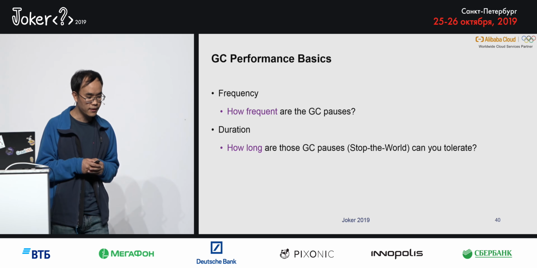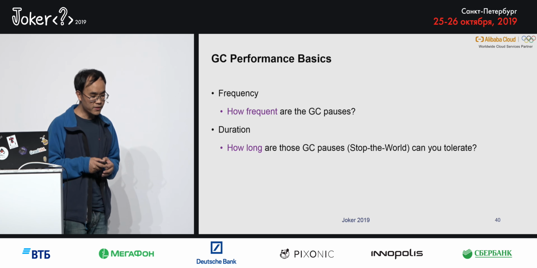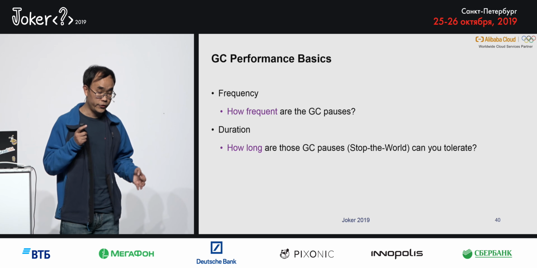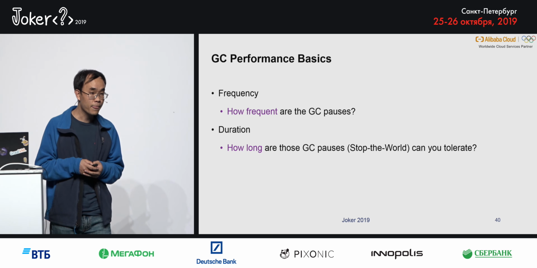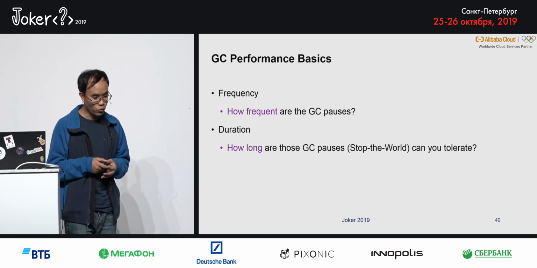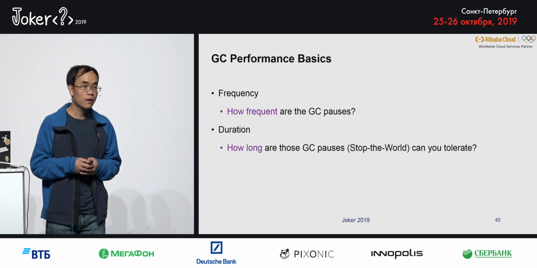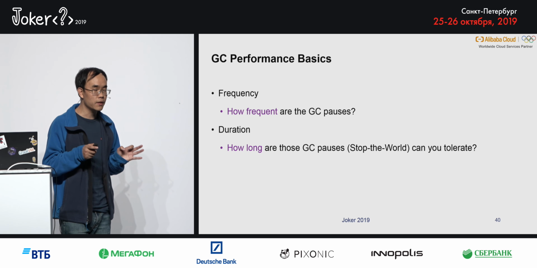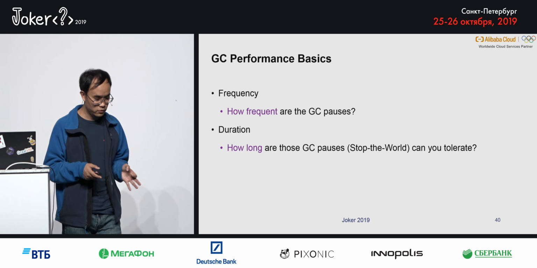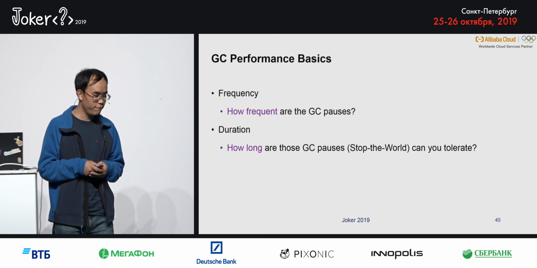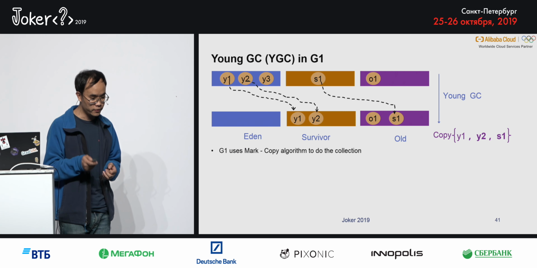For GC performance, the second thing is about the duration. It means how long are those GC pauses, how long GC pauses you can tolerate. So I think these are the two key factors for GC performance tuning.